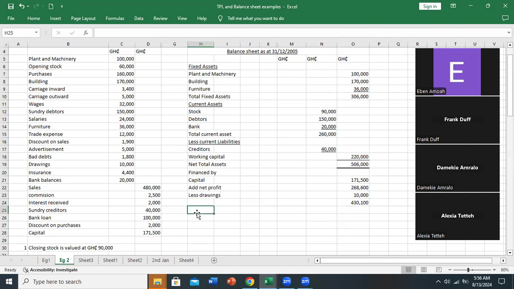And then we look for the long-term liabilities. Again, we have bank loan here. So bank loan of 100,000.